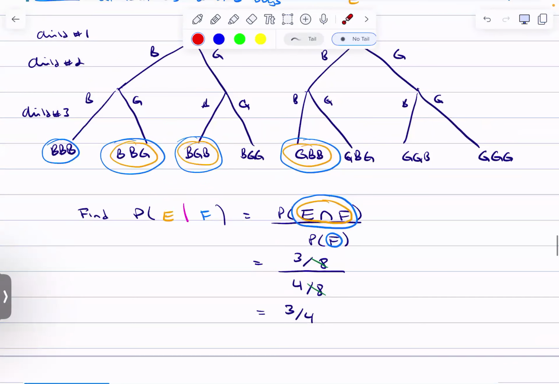For this question, I actually think it would be kind of hard to solve it without the formula. I don't really see it. I guess you could just map it out. Knowing that you're restricted to the blues, how many are orange?